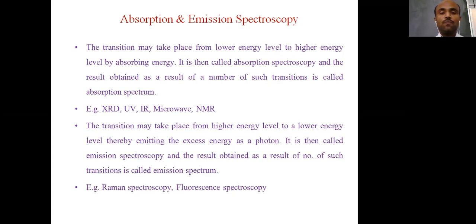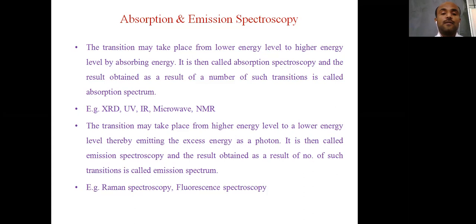Now, spectroscopy can be broadly divided into two types: absorption spectroscopy and emission spectroscopy. The transition may take place from lower energy level to higher energy level by absorbing energy, and it is called as absorption spectroscopy. Or we can simply say that in case of absorption spectroscopy, radiations are absorbed, and which results into the transition from lower energy level to higher energy level.